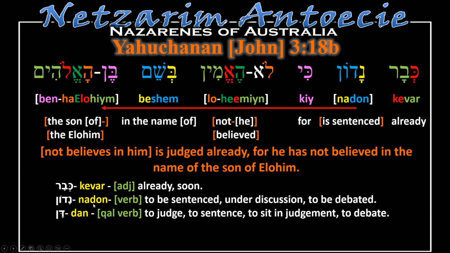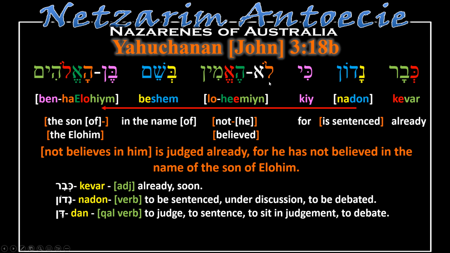If we look down here, nadon is a verb to be sentenced, under discussion, to be debated. But in this context, it's best to say to be sentenced, is sentenced. And it also has its main root as being done, which is a cold verb to judge, to sentence, to sit in judgment, but it can also mean to debate, which is interesting. But in context, we know it means already is sentenced.